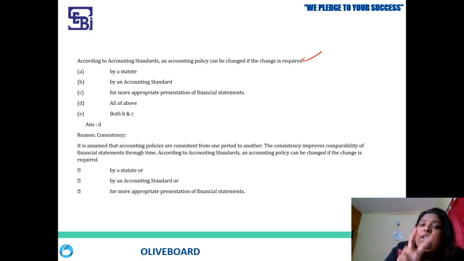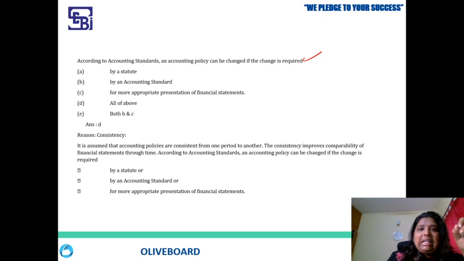You will present the current year and the previous year in your financials, so that whenever the reader is looking at the financial statement, they can compare: previous year you were like this, now you are like that. So when you change the accounting policy this year, the same thing you have to do for the previous year also. You cannot simply put the previous year as it is and only make the changes for the current year.